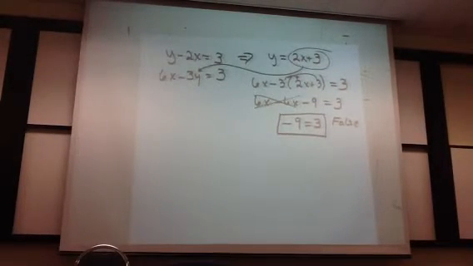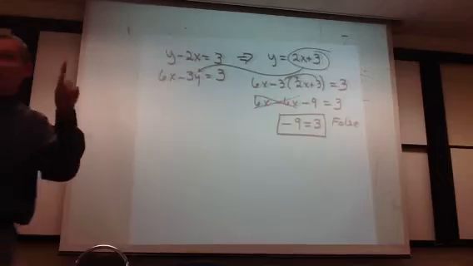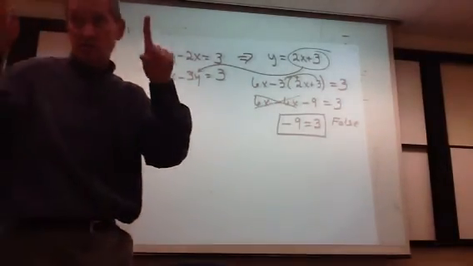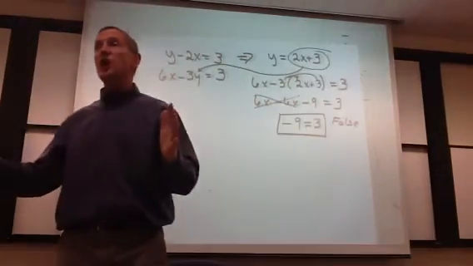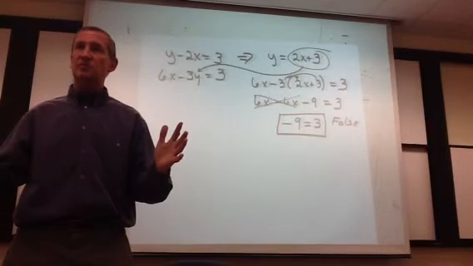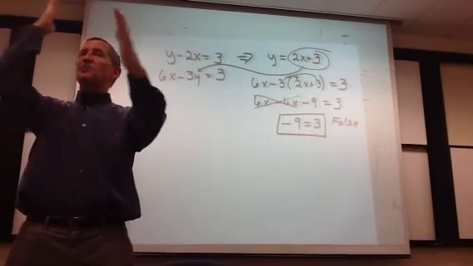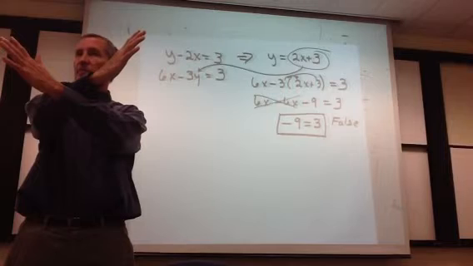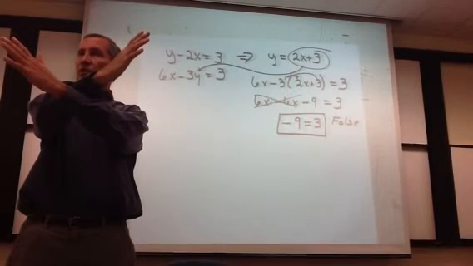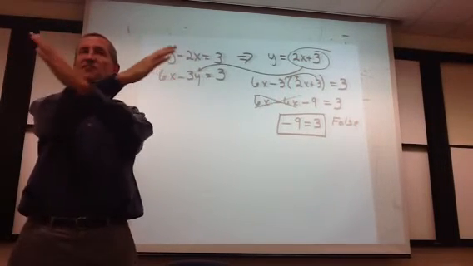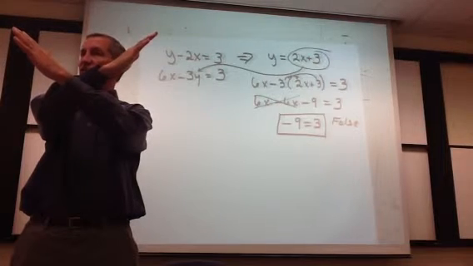Remember what we said whenever we solved an equation and we got a universally false statement? What was our conclusion? No solution. Okay, remember what we're talking about when we're solving for systems of linear equations. We're talking about their intersection. Everybody with me? We're looking for the intersection. If I get a false statement, what does that say about the intersection?